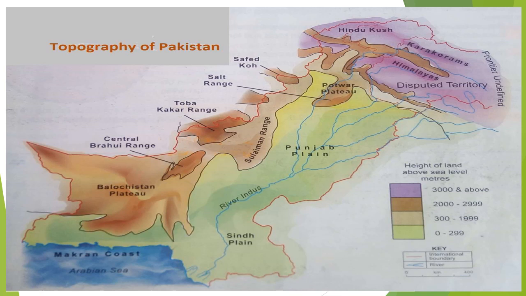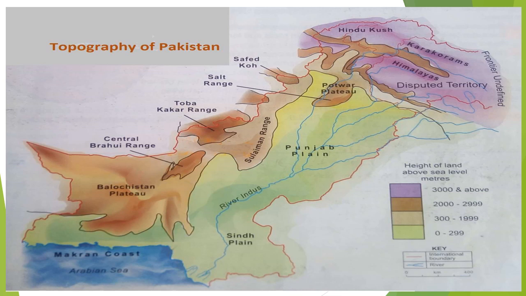Now I was saying that the Indus River and its tributaries have deposited alluvial soils, and these soils formed plains which are known as Punjab plains and Sindh plain. These are also known as Upper Indus plains and Lower Indus plain respectively. In the south of Pakistan you can see Makran coast and the Arabian Sea.